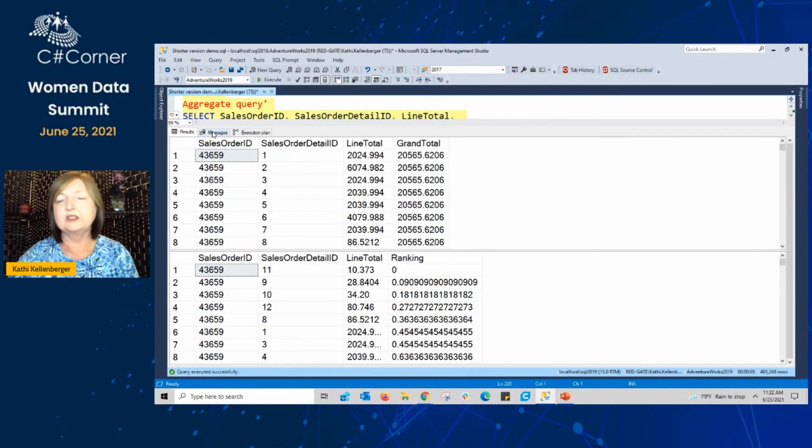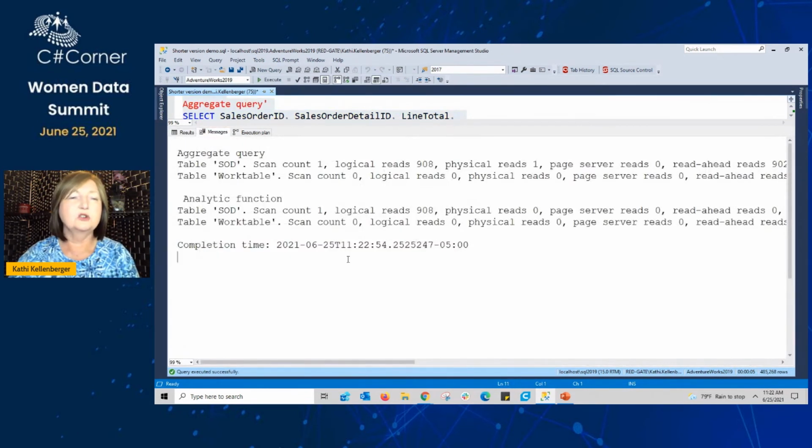They still took a bit, but let's take a look at the logical reads. My table is still 908, and my logical reads are now 0. Remember, these functions do not use the frame, so that's not what's going on here. It's just because of batch mode on row store that we're getting this benefit.